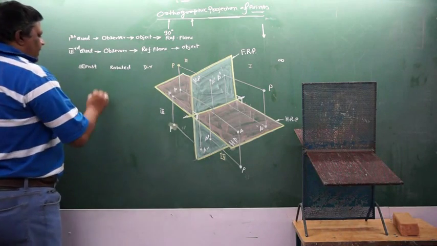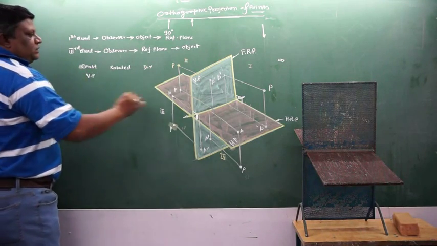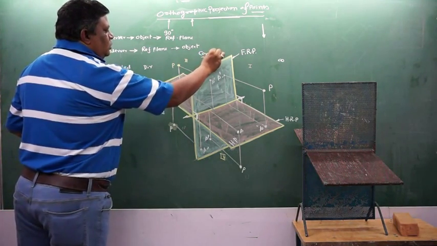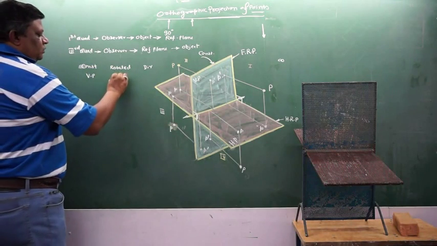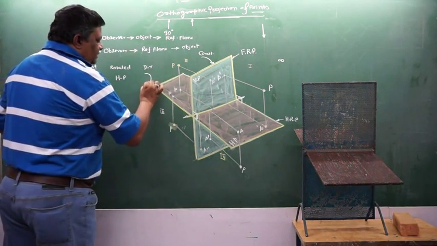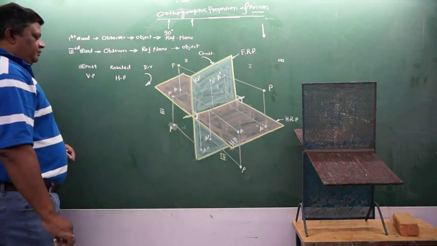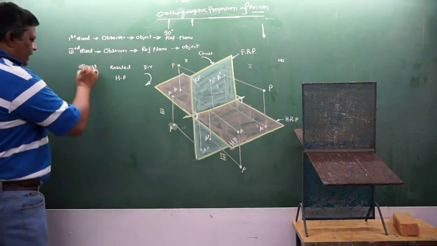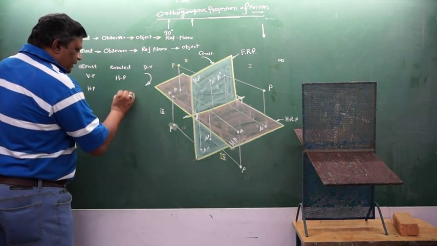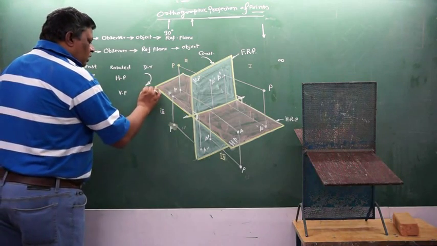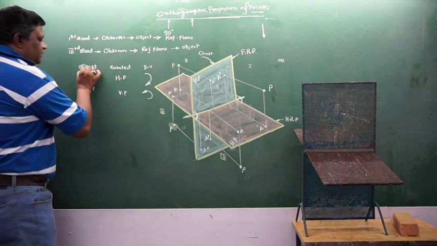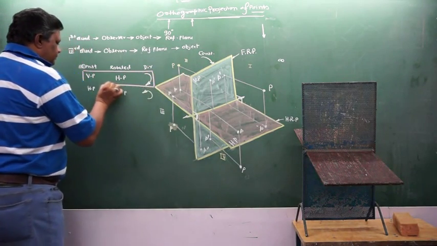Now, if I am keeping my vertical plane as constant, then I will rotate the horizontal plane, that HP, in clockwise direction. Whereas, if I keep my HP as constant, I will rotate VP in clockwise direction. We will definitely be dealing with this assumption.